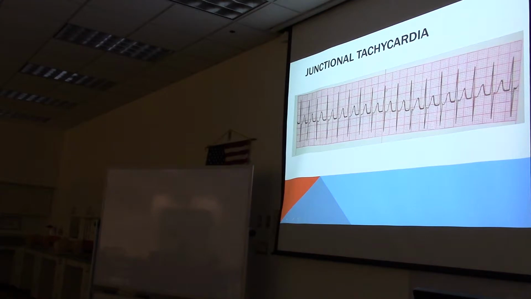But what if you're given a definition? The impulse is originated at the AV node or an ectopic focus near the AV node. You don't see P waves, and the rate is 180 per minute. Yeah, then you would call it a junctional tachycardia.